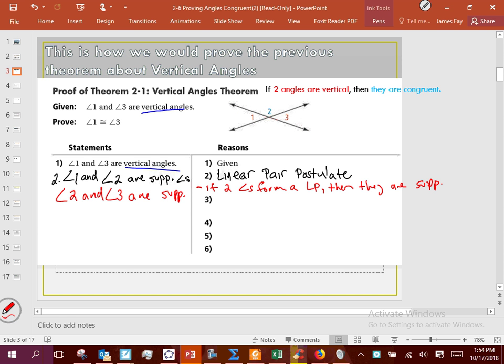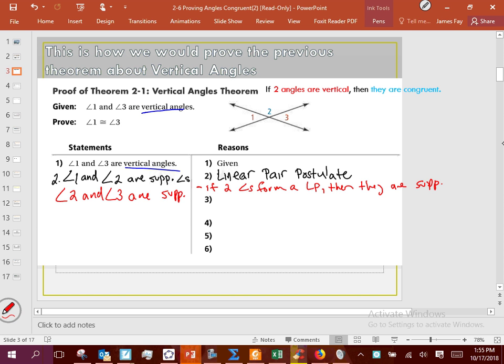Yesterday I told you if you get a cluster of statements, the first time you see that you have a linear pair and you use the linear pair postulate, you then say that those two angles are supplementary. And once you say that, then the next thing you say, because they're supplementary, is that those two angles add to 180. So for us, look at this black statement.